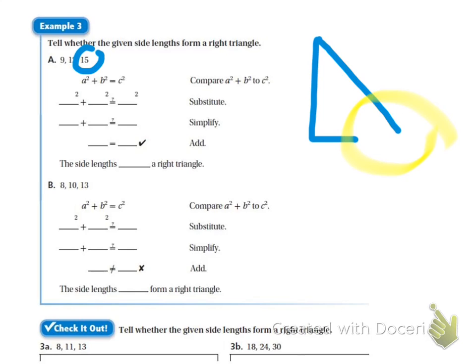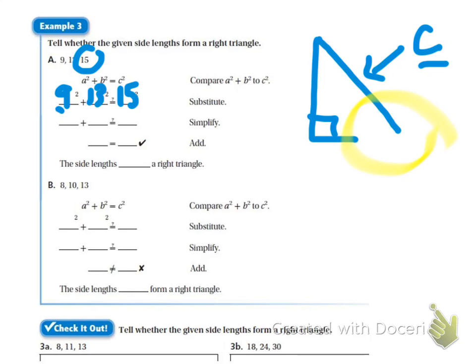Your largest number is always going to be your hypotenuse. That's correct. So we're always going to put our longest side as our hypotenuse, and then the other two sides are going to be your legs. The reason being is, if I look at my triangle, which side is always going to be the longest? The hypotenuse, so it's common sense that the longest length is always going to be C.